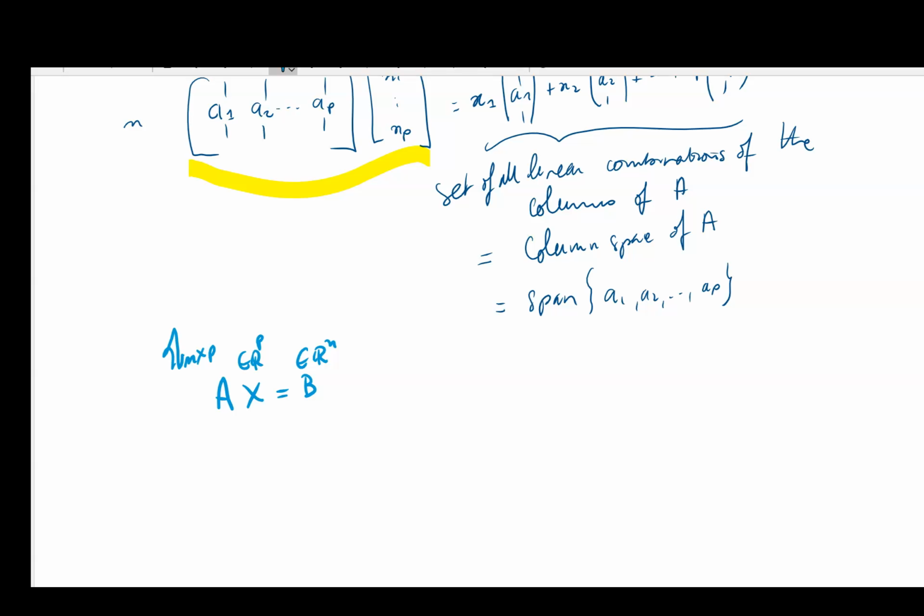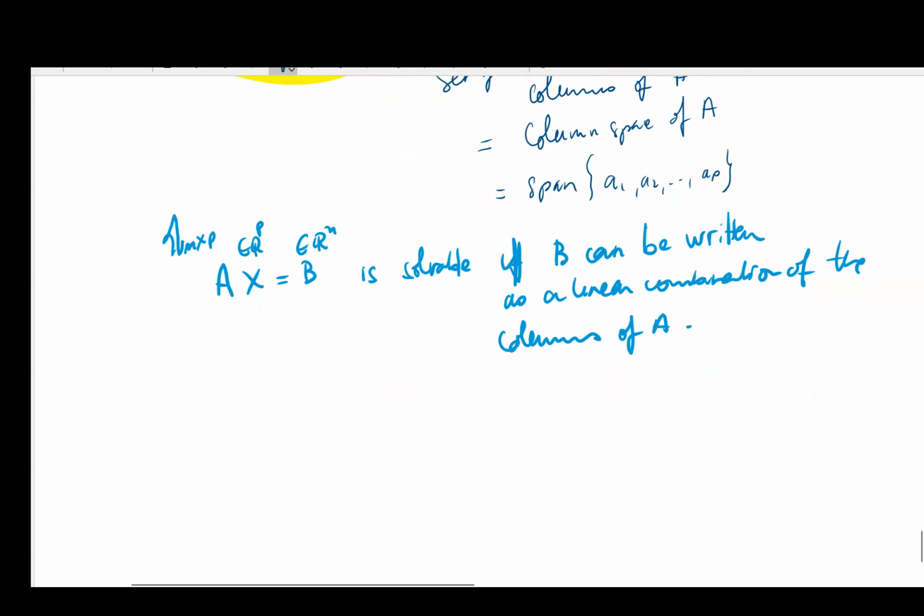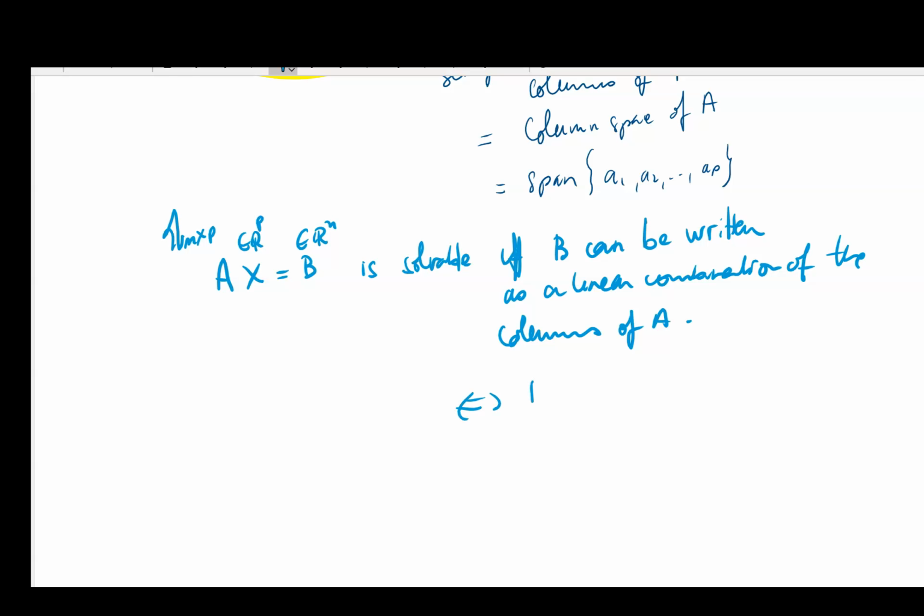That means this equation is solvable if and only if b can be written as a linear combination of the columns of A. In other words, if b belongs to the column space of A, which is usually written col A.